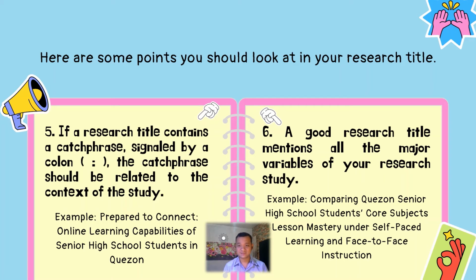Of course, the catchphrase here is prepared to connect, which is relevant to the context of the study, which is about online learning capabilities. If it is not really that catchy for you, can you suggest other words that are more catchy and also relevant to online learning capabilities? Okay, I know you can do it.